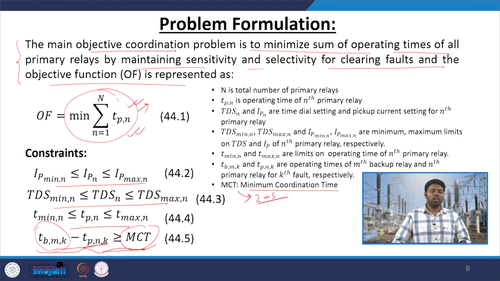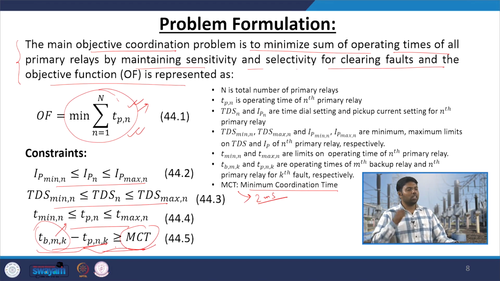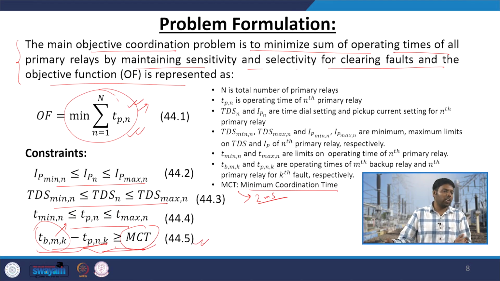After 2 millisecond, if the primary relay does not clear the fault, then the backup relay will operate. That does not mean your backup relay will operate just after 2 millisecond. It may be operating after 5 seconds or 10 seconds. It is obeying the mathematics, that is fine, but physically that is not fine.